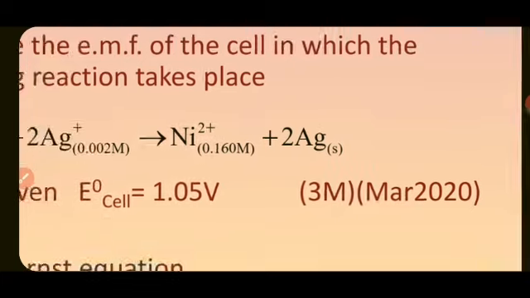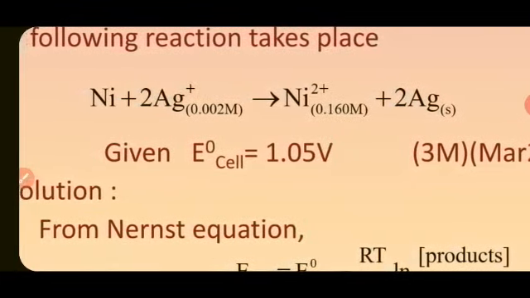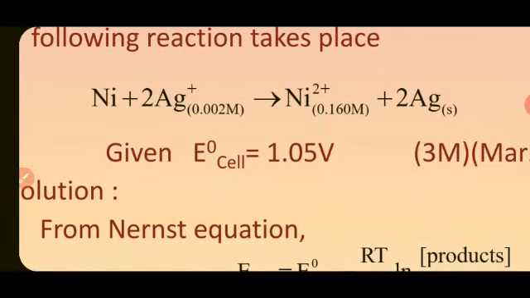In this equation, the first Ni and 2 Ag are both in solid state, so no need to take them into consideration when we are solving the problem. So which values do we have to take then? Only these two values, that is Ni2 plus and Ag plus.